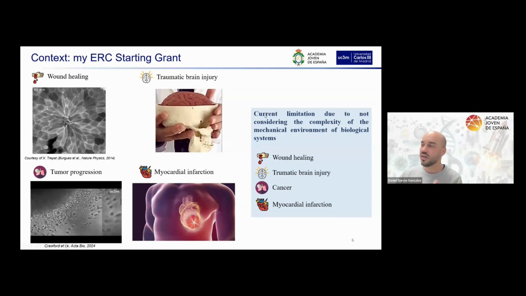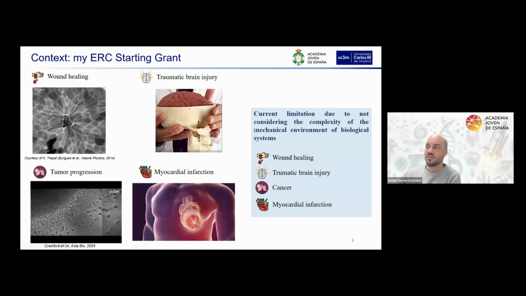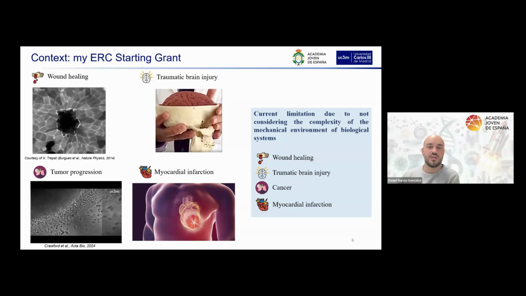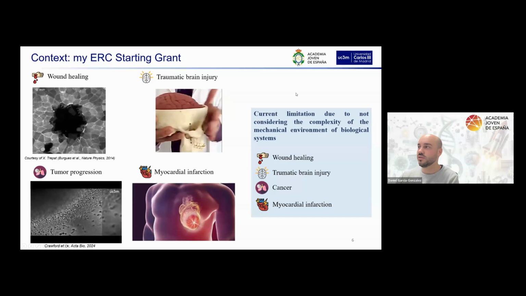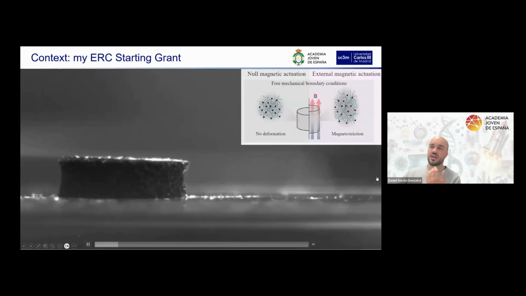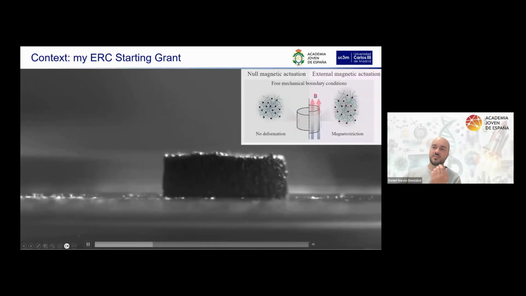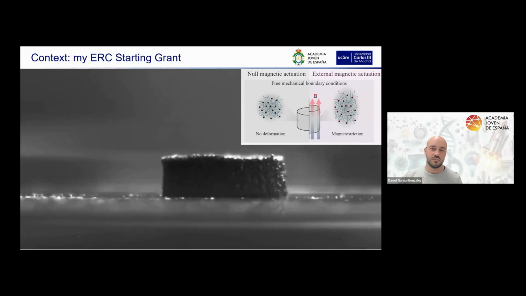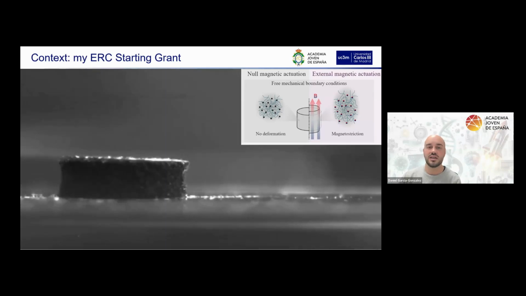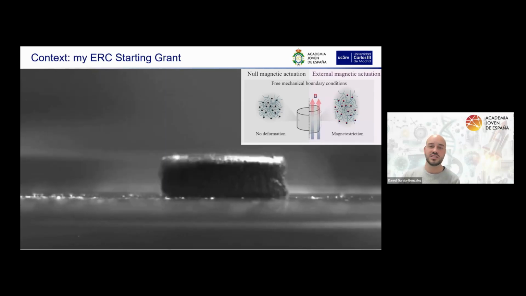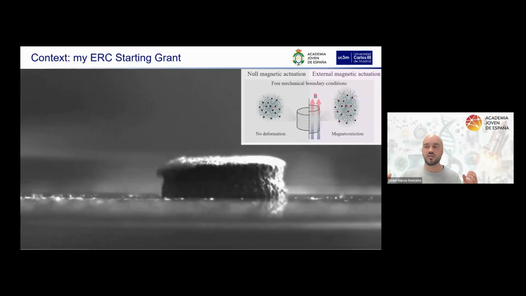And then I identified that there was a current limitation in the state of the art to address all these problems in the lab. So then what I did is creating these materials that can respond magnetically, well, mechanically to external magnetic stimuli. So essentially with this, what we can do is changing the stiffness of the materials or introducing forces or displacement, okay?